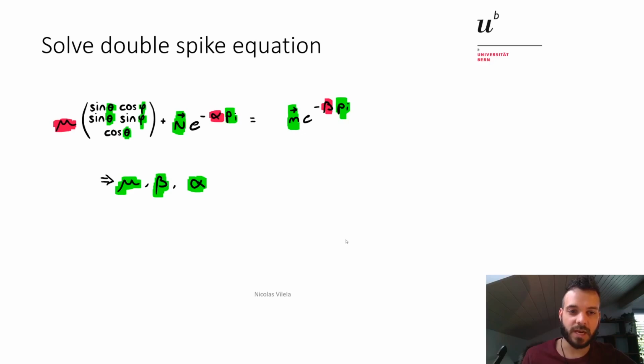From now on, these angles will always remain the same, as they point towards our double spike, and the composition of our double spike should not change. Now our equation has 3 unknowns and 3 equations, so we can solve it and obtain our alpha value.